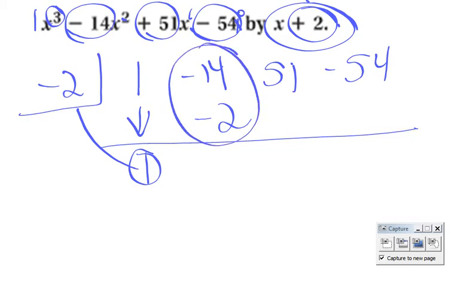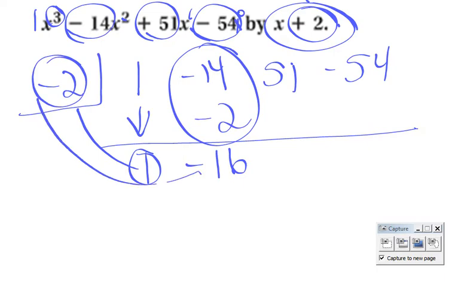So negative 14 plus negative 2 is a negative 16. Now repeat the process. Negative 2 times negative 16 is what? A positive 32. And now add them, and you get plus 83.